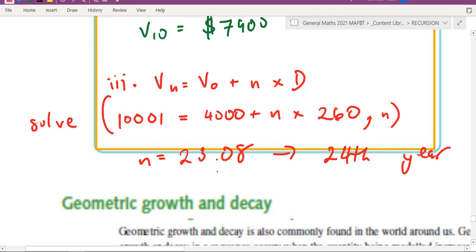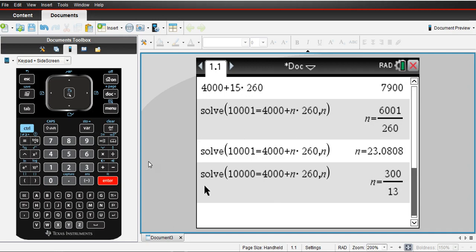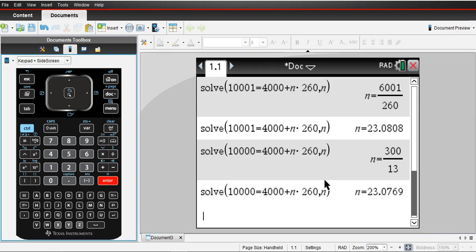Well, if you leave it at 23, it'd be like $9,999 or something. I'll show you. If I left it at 10,000, for example, the answer will be like 22 point something, I reckon, or 23.07.